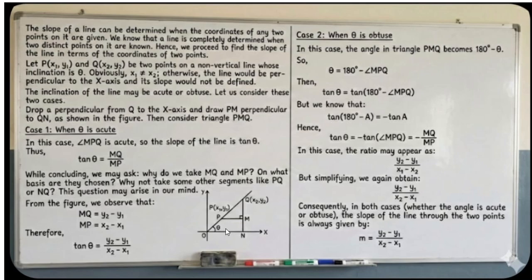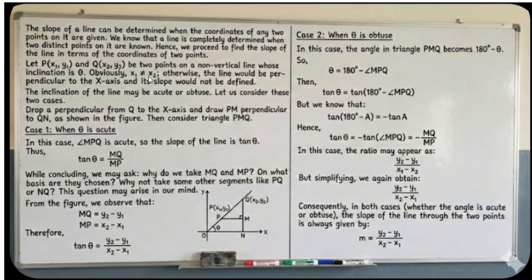The angle is the same throughout, this is tan theta, the angle the line makes. At any point, the angle theta the line makes is the same, therefore we are going to get the same ratio, because the angle is the same throughout a non-vertical line.